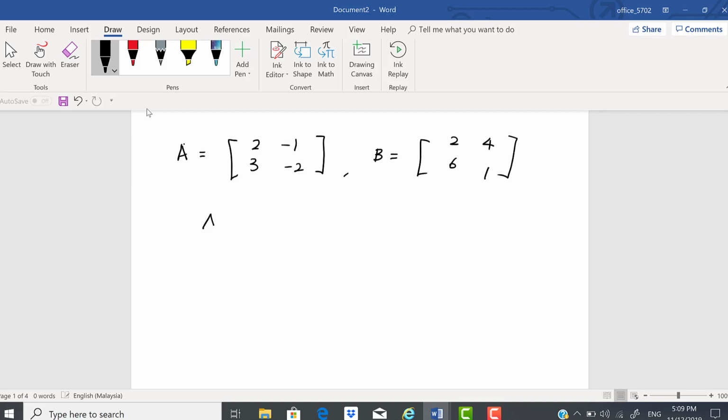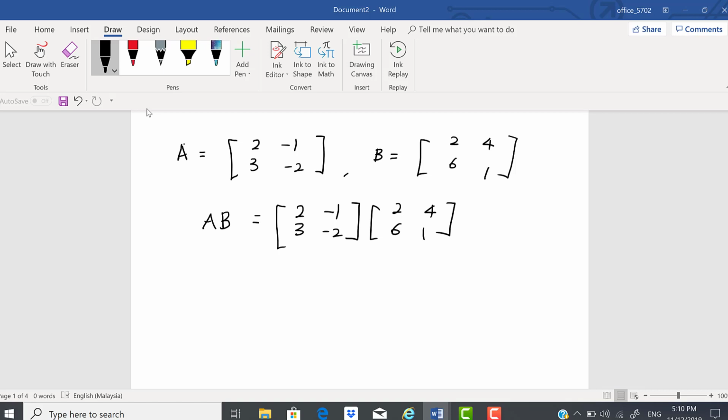The question asks you to find the multiplication of matrix A times matrix B. So that means you have 2, negative 1, 3, negative 2 times 2, 4, 6 and 1.